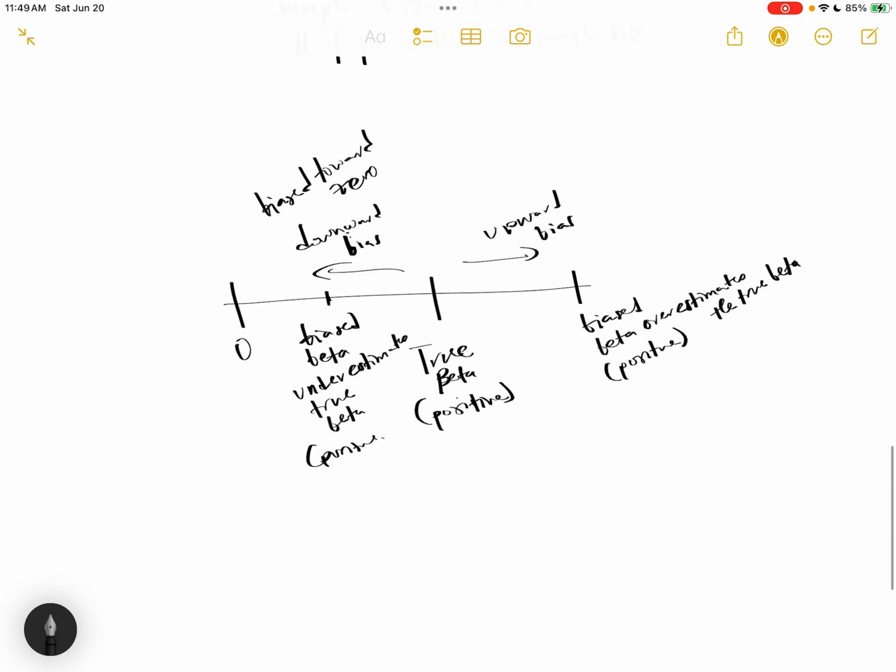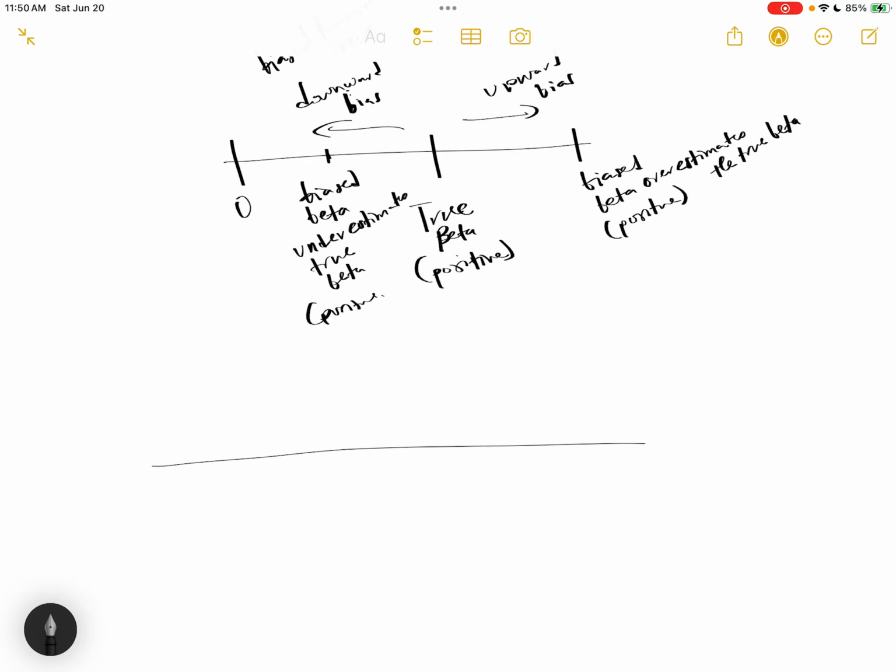Okay, what if we have negative numbers? If we have negative numbers and so we are to the left side of 0, let's put that true beta here. And so the true beta is some negative value.